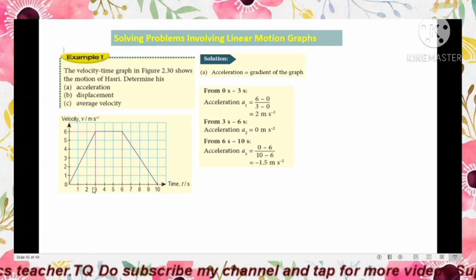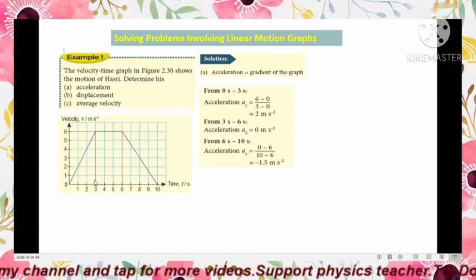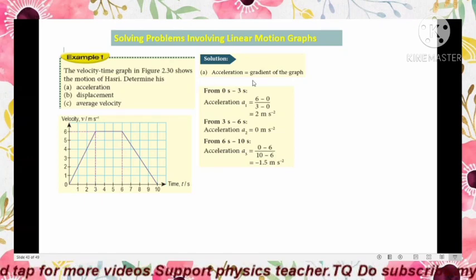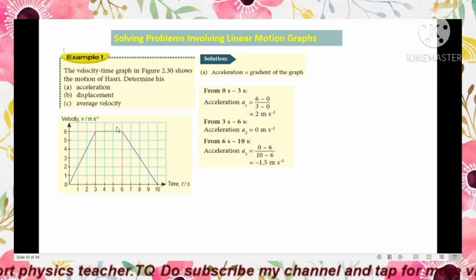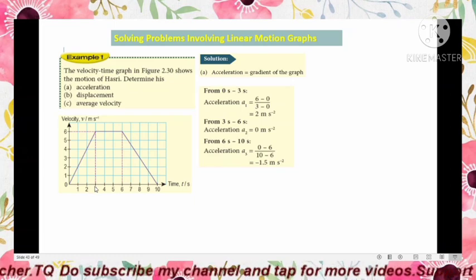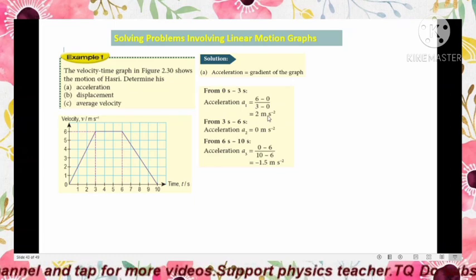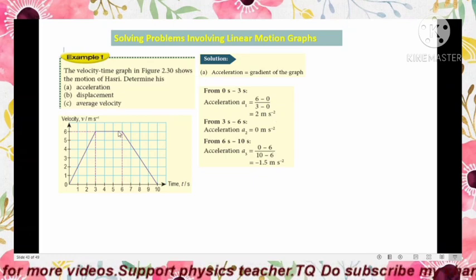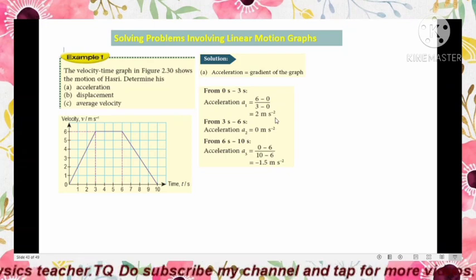From 0 to 3 seconds, you draw a triangle below the line and calculate the gradient, thus acceleration equals the gradient. So 6 minus 0 divided by 3 minus 0, and you get 2 meter second to the power negative 2. You get the value first before you write down the unit for this answer.